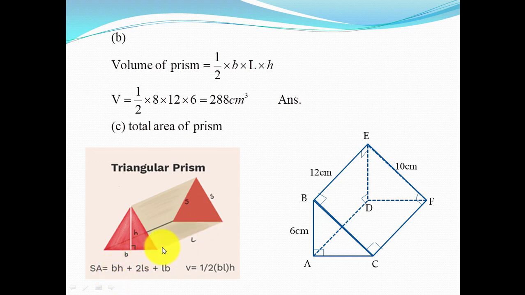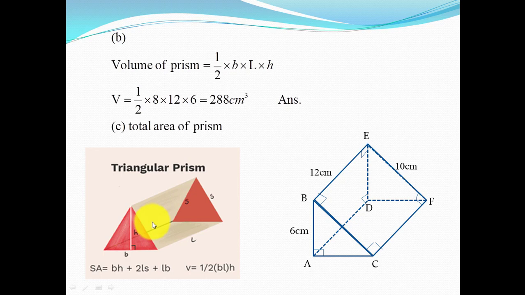And this rectangle and this rectangle, whose area is written by this, and the bottom rectangle area can be written as this. So total surface area is equal to the sum of the area of all the sides of the prism, such as it has 5 sides.